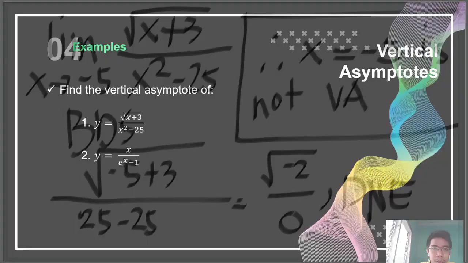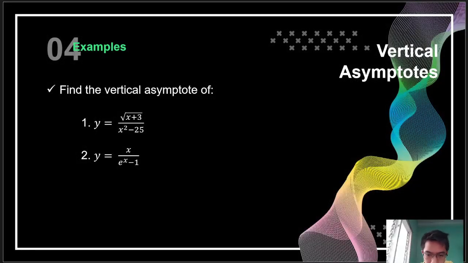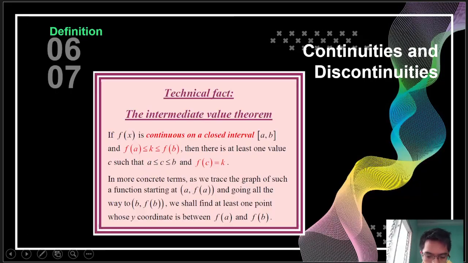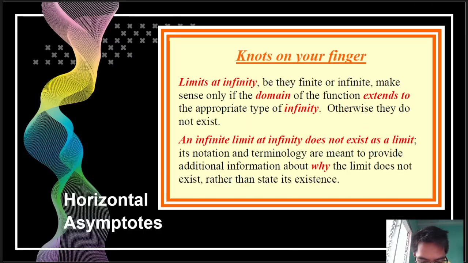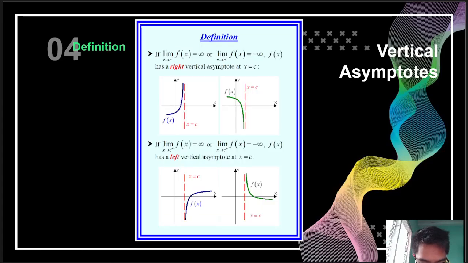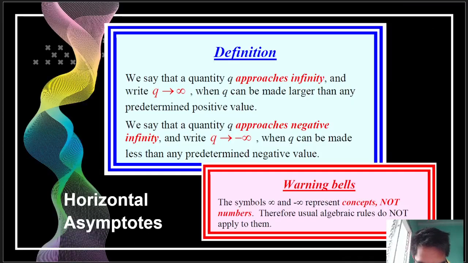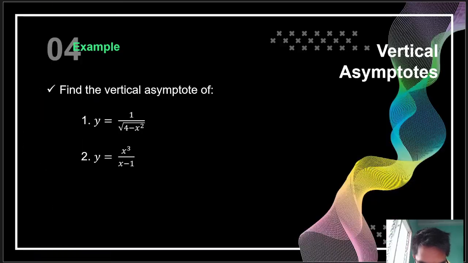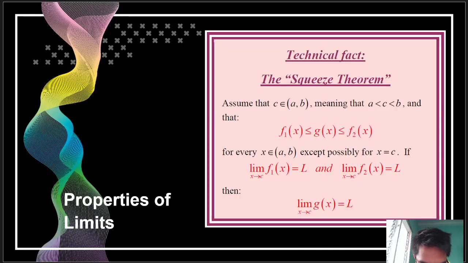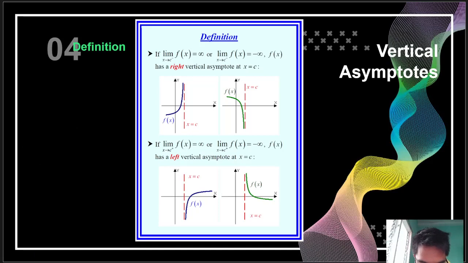Okay? So we just have to go back to the definition of vertical asymptote. According to it, you have an asymptote only if the limit equals infinity, whether it be positive or negative infinity.